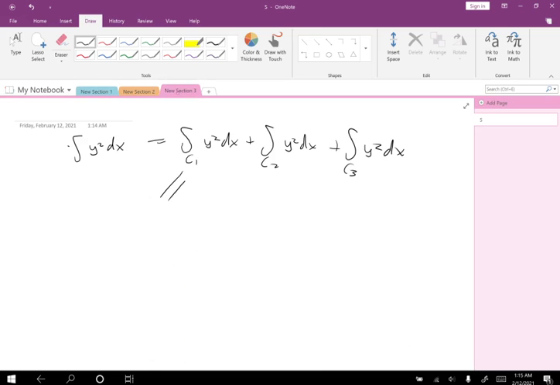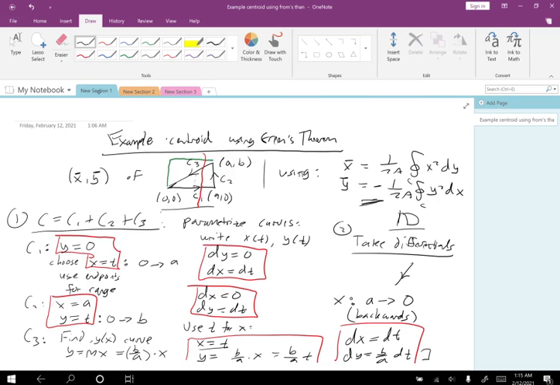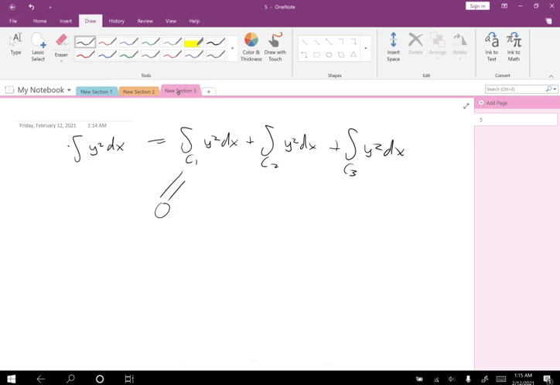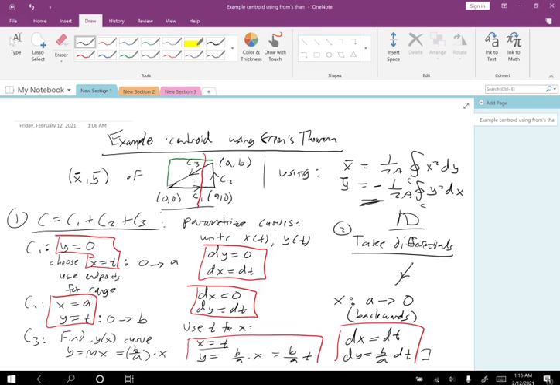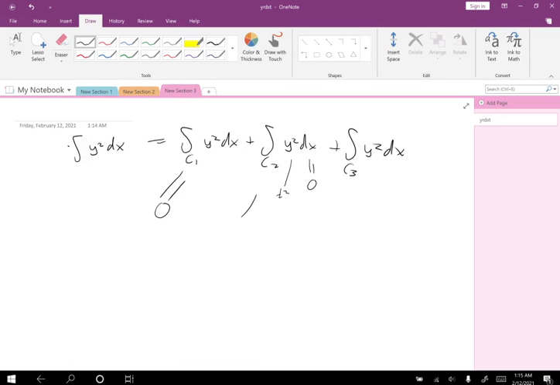So y equals 0 to start with, so that was easy. For the second curve, y is t, but remember that dx is 0, so that's also pretty easy.